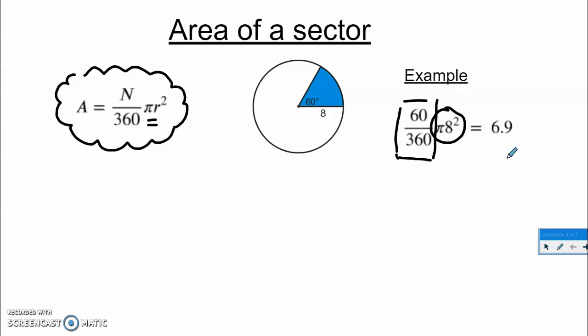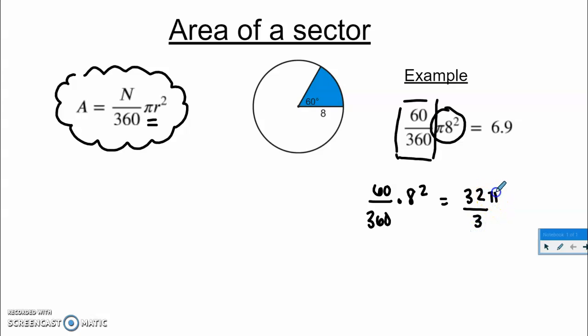Sometimes we do something called leaving it in terms of pi. If I wanted to leave this in terms of pi, it's not really going to work out good for this one. But that basically just means that you would figure out what 60 over 360 times 8 squared is, and that comes out to be 32 over 3.